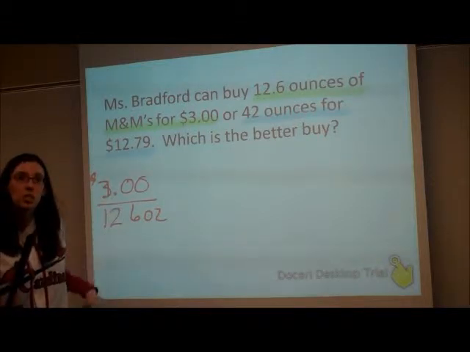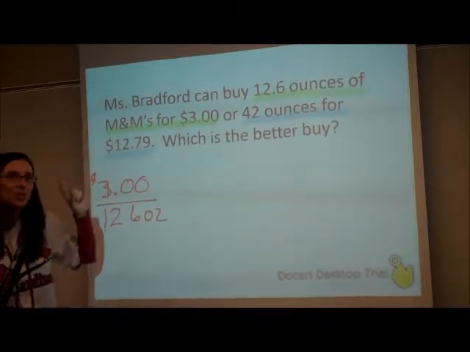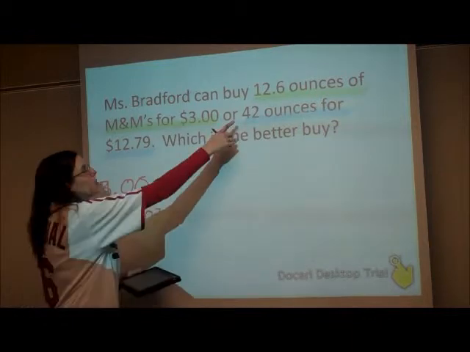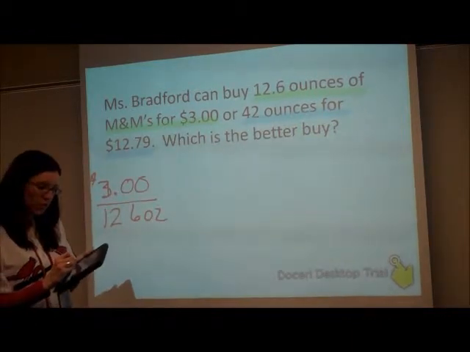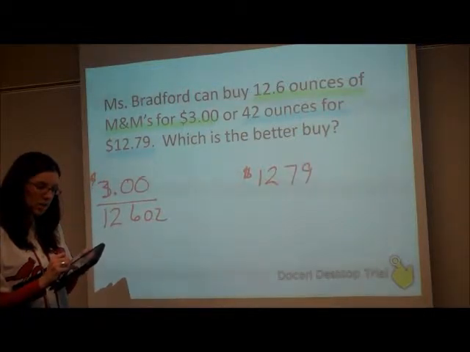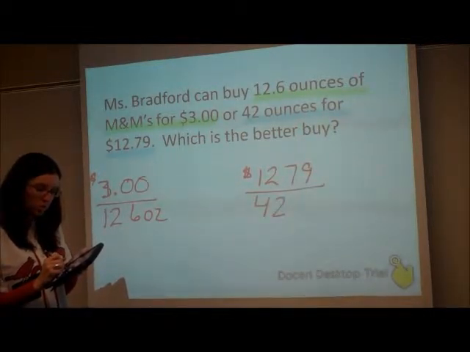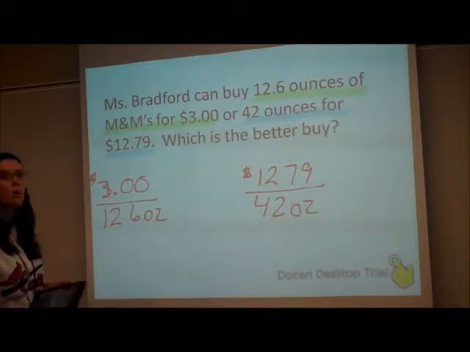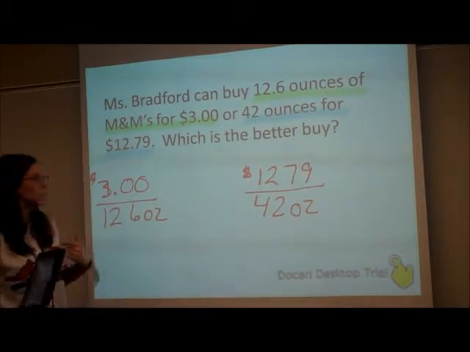That's what we're doing when it's a unit cost. So your money is always going to be in the numerator. So I'm going to do the same thing, write a new rate. I will have $12.79 for 42 ounces.